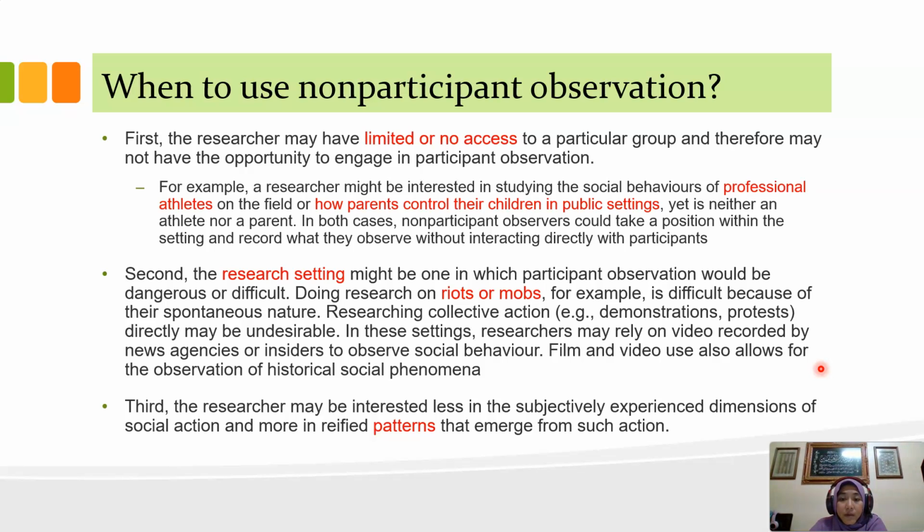For example, you want to study the social behaviors of professional athletes on the field, and you don't want to disturb the athletes, so you don't need the participant's presence. Another example is you want to see how parents control their children in a public setting. You want a very natural situation, so you don't want to interfere with the process or the environment. That's why we choose non-participant observation.